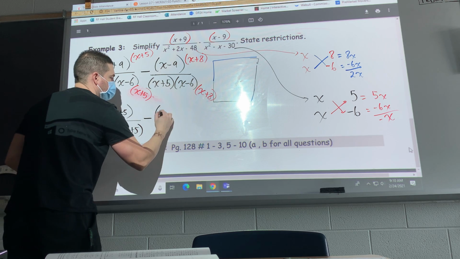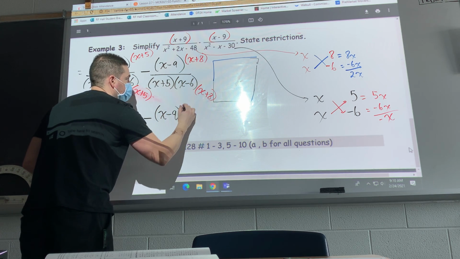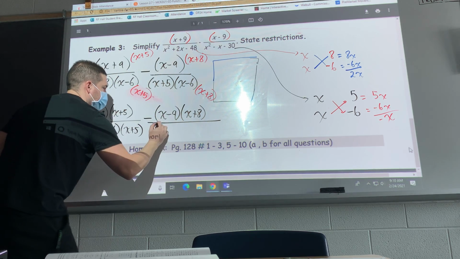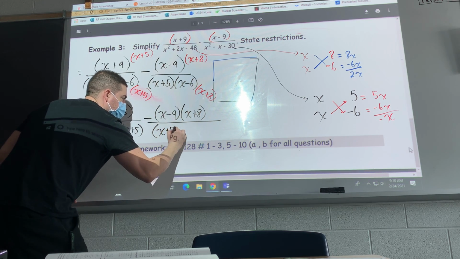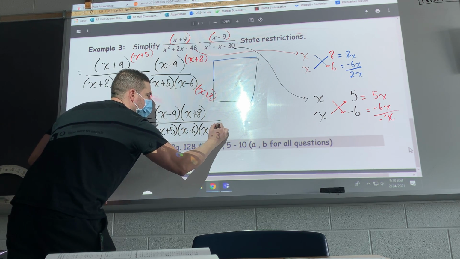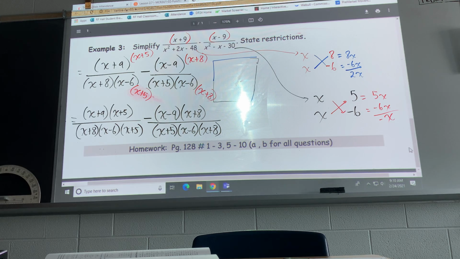Subtract. I'm writing the extra step, you do not need to. So I'm just writing it all together.